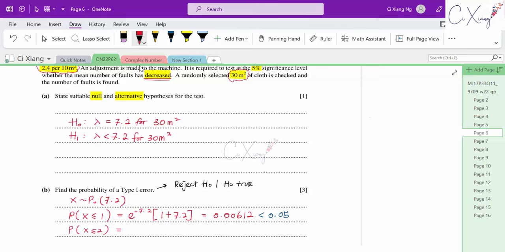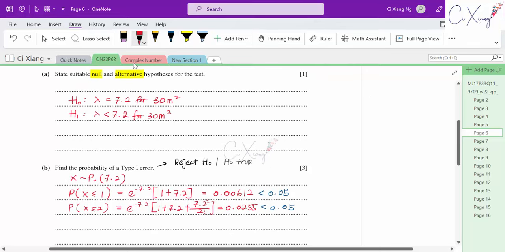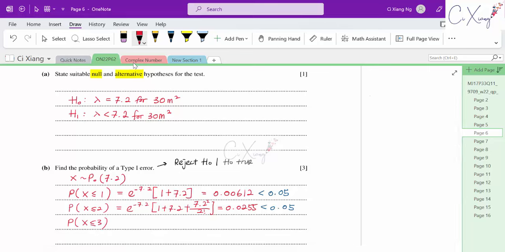So for x smaller equals to 2, I will take e negative lambda times: x equals to 0 is 1, x equals to 1 is lambda, x equals to 2 will be lambda square over 2 factorial. For this particular probability, the value that I get is 0.0255, which is still smaller than 0.05. Then let us continue for the next value, where I want to find the area for x smaller equals to 3.